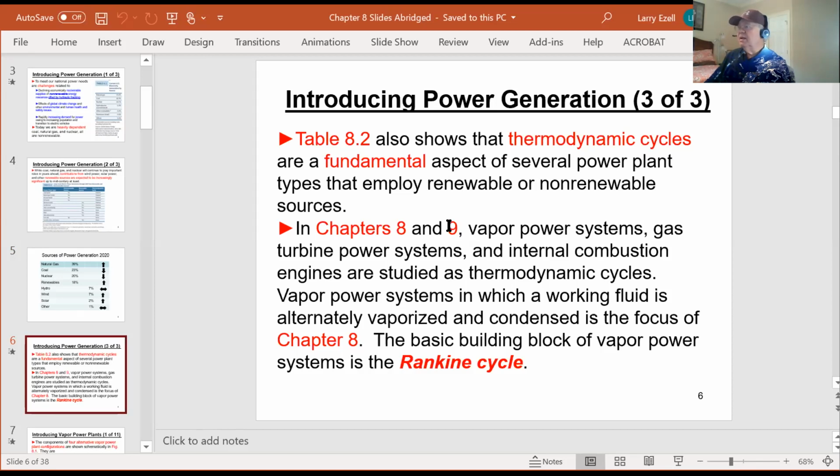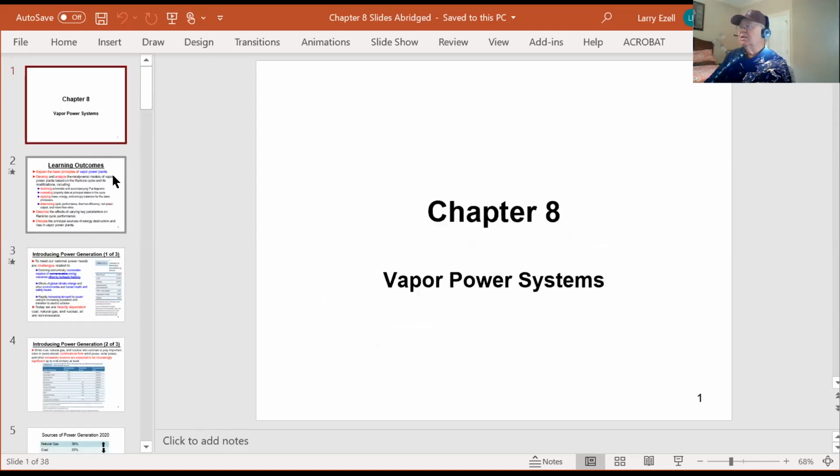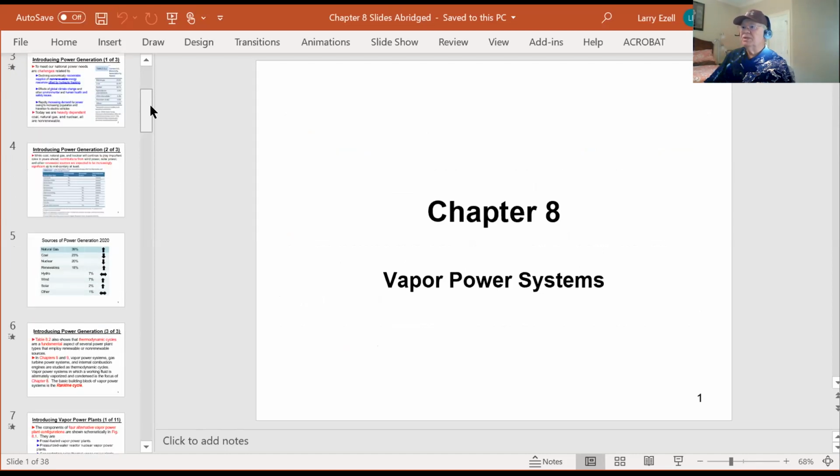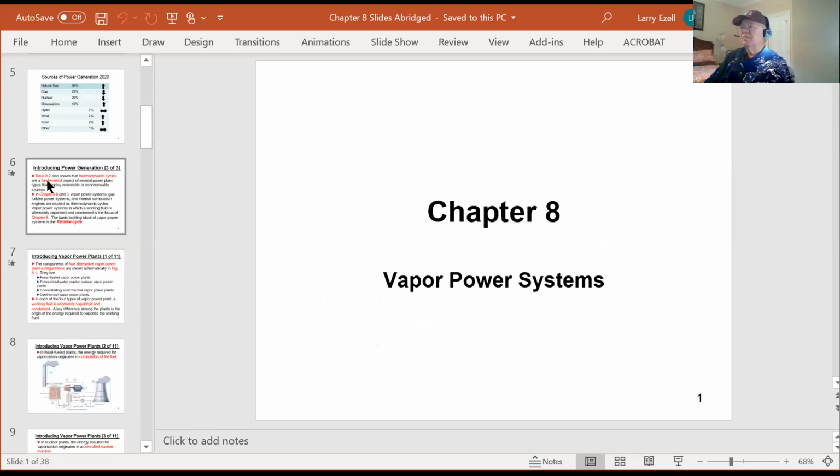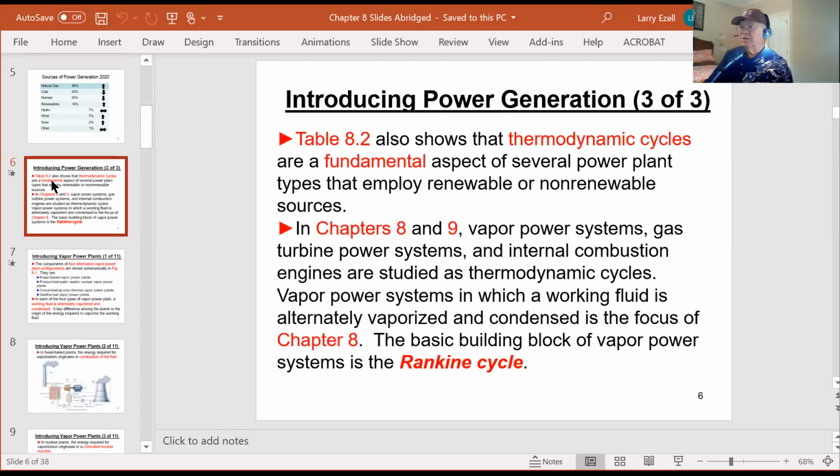Chapter 9, and again, let me stress, the title of this is Vapor Power Systems, but the predominant vapor power system, or perhaps the only vapor power system that we'll study, is the Rankine cycle, R-A-N-K-I-N-E. There you go, Rankine cycle.